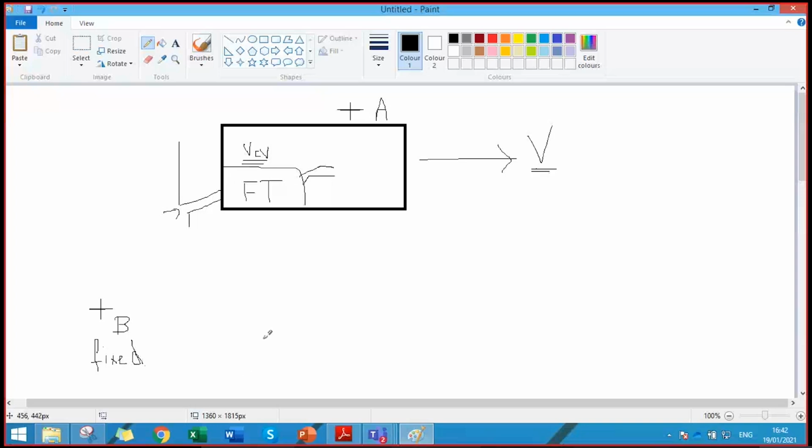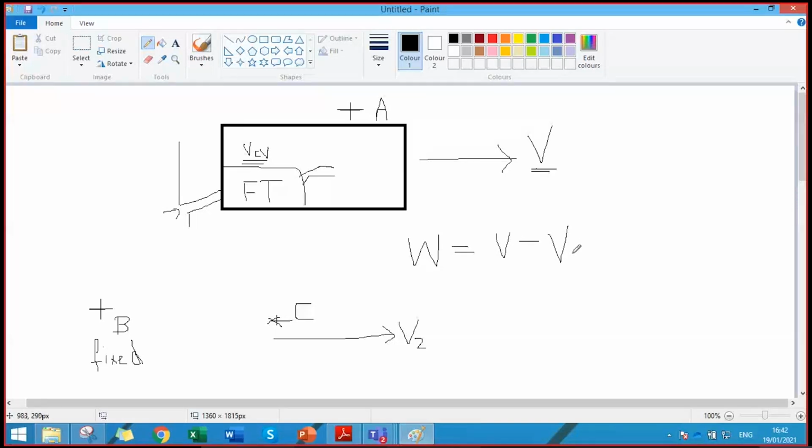But let's say we have another observer C, which is sitting on another vehicle and is also moving. Then what will be the concept utilized here? Relative velocity. You will see that if the observer C is moving with velocity, let's say V2, then the relative velocity would be equal to Vcv minus V2.